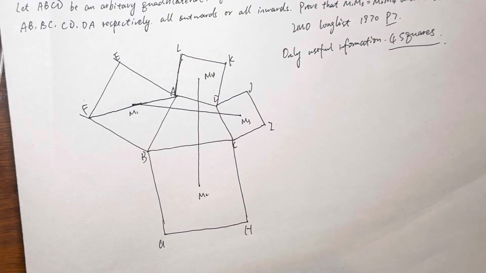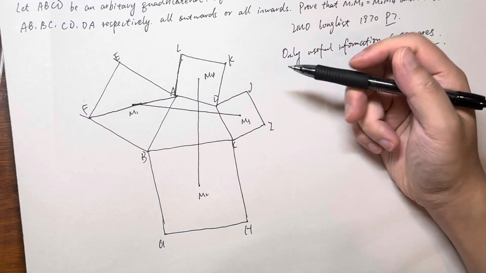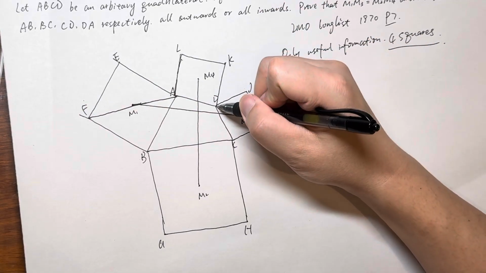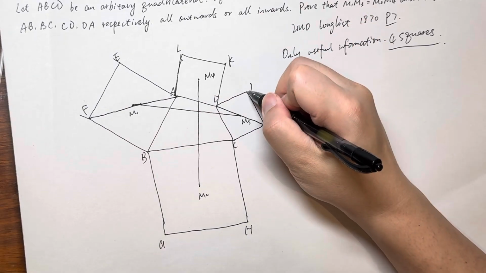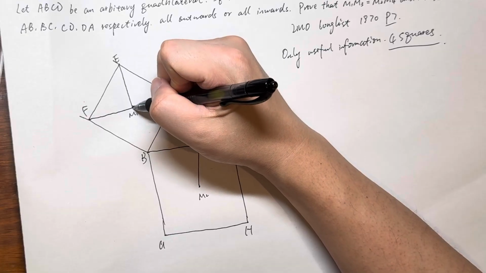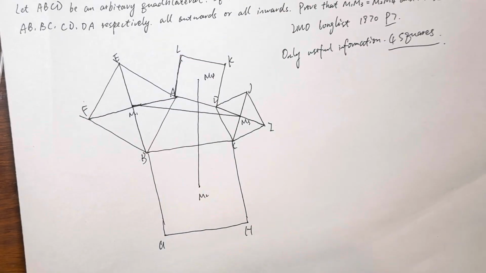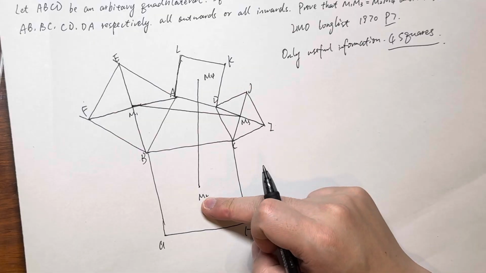And M3 is the midpoint of segments DI and CJ, right? M1 is also the midpoint of segment EB. These are the information we have. So based on this, we want to prove M1M3 equals M2M4.